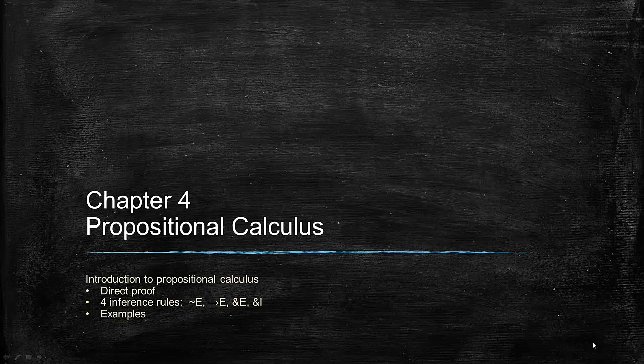Okay, so today we'll learn about the nature of proof in propositional calculus, specifically the concept of direct proof. We'll learn 4 new inference rules, and then we'll do a couple of proofs in the propositional calculus.